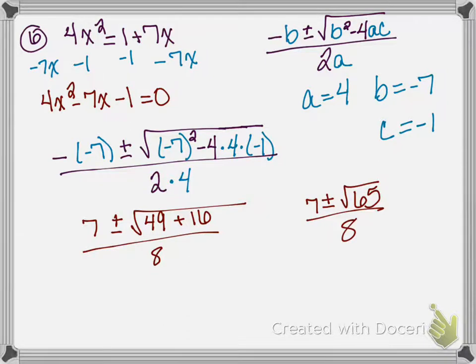Is it okay if I go to number 7? Okay, number 7 is x squared minus 4x equals 13. I'm going to pull that 13 over to see if I can factor it.